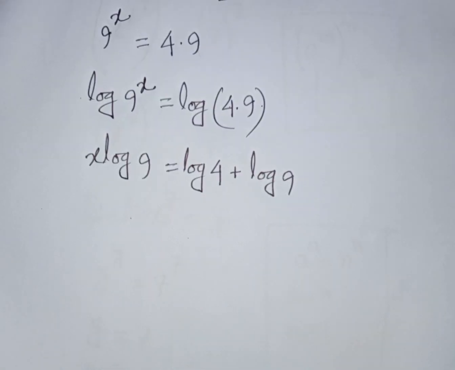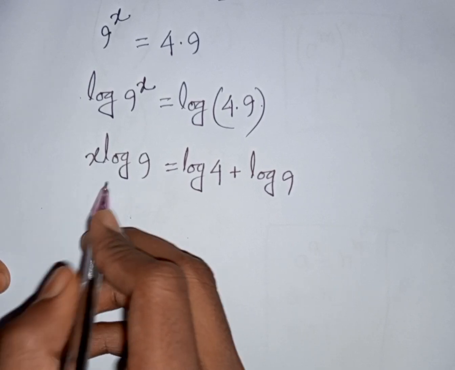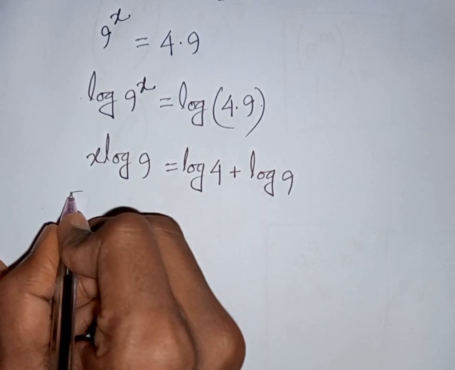Now we need the value of x, so we divide by log 9 on both sides.